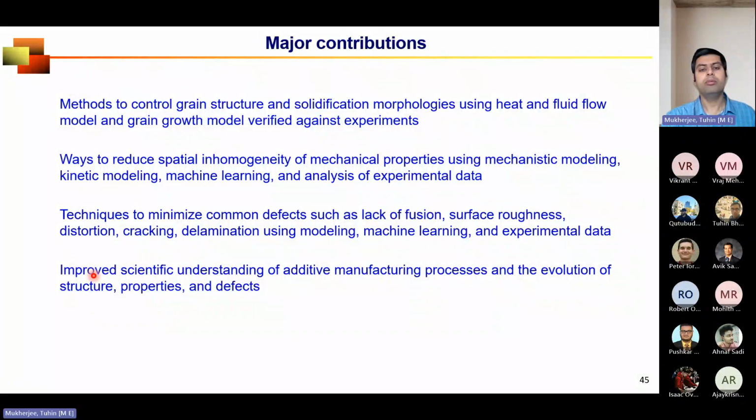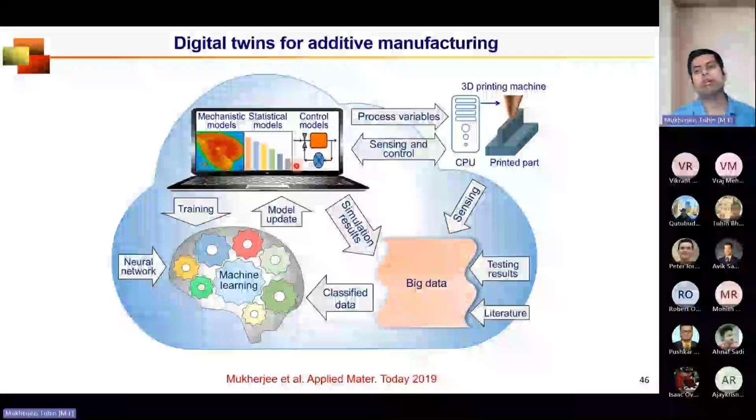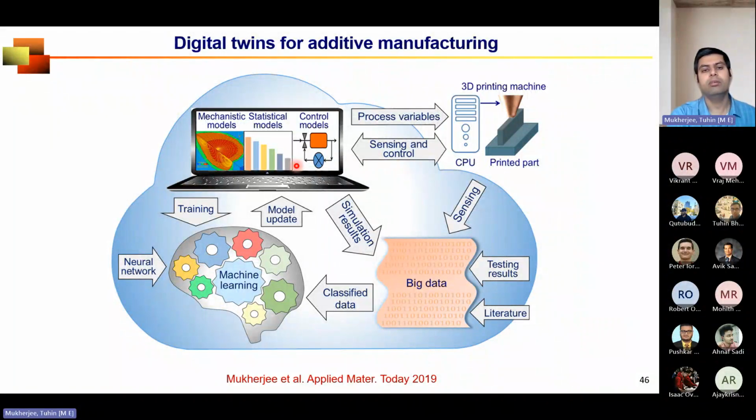Then improve scientific understanding to understand the evolution of structure, property and defect and their interrelation. That is the primary theme of my talk. So where we can go from here? One way is to combine all the tools that I have been talking about. I have been talking about different types of models, whether that can be a rigorous mechanistic model, a straightforward statistical model, or it can be a data-driven technique like machine learning.